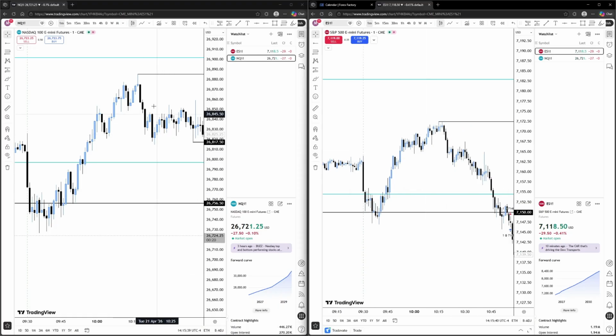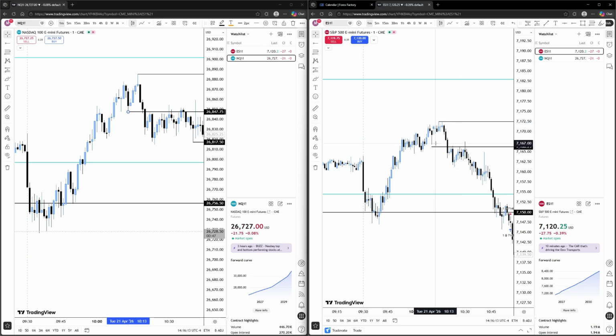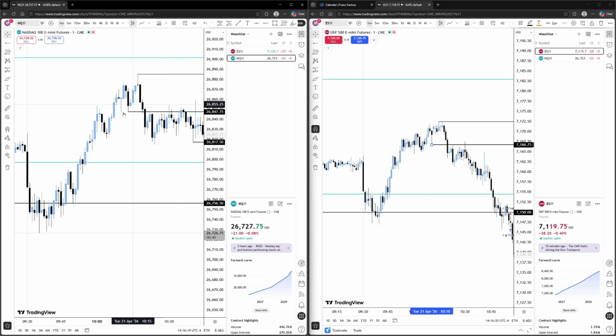So what I was looking at was once it kind of broke structure, we did have, what time was this? 10:13, yeah, so around this low. 10:10, yeah.